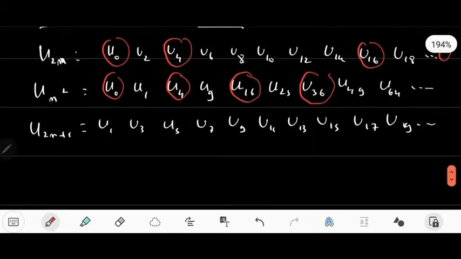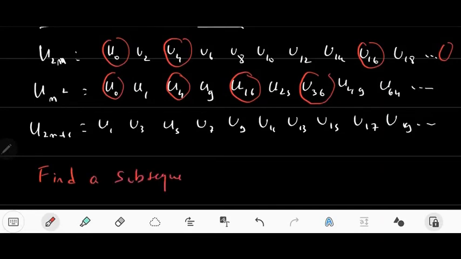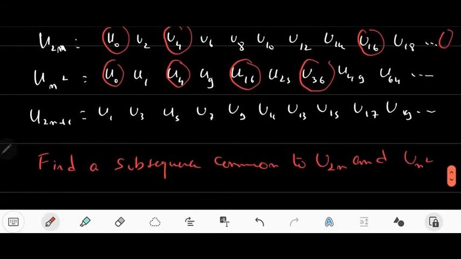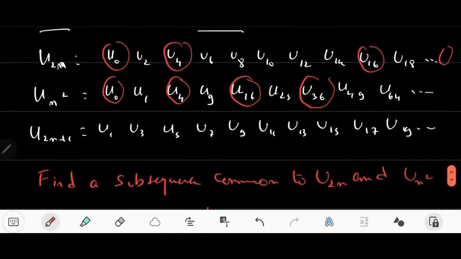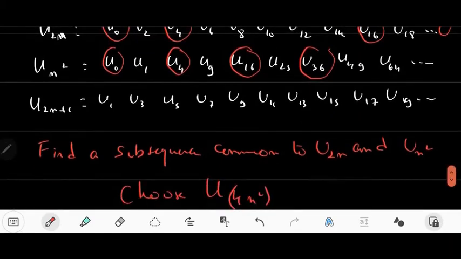So choose, or find first, a subsequence common to u2n and u_{n²}. Okay, so we choose u_{(2n)²}, which will represent u0, u4, u16, u36, etc. If you take this sequence, it's by intuition.